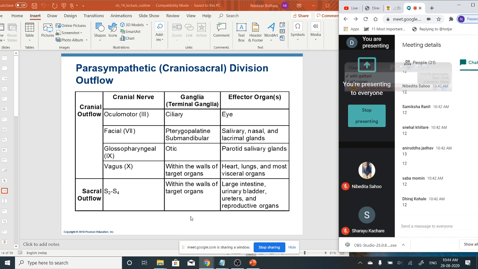Nobody needs to mug up, because I know there is a parasympathetic innervation and where it is, in the circular muscles. So the circular muscles constrict, the pupil size comes down, which we call miosis. Now suppose somebody asks you this question in an examination, how easy. You only need to understand how to elaborate it.